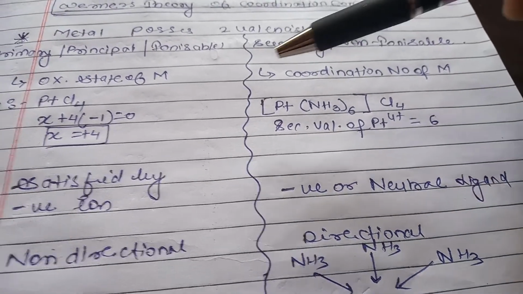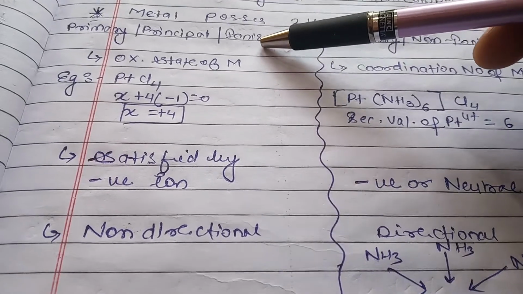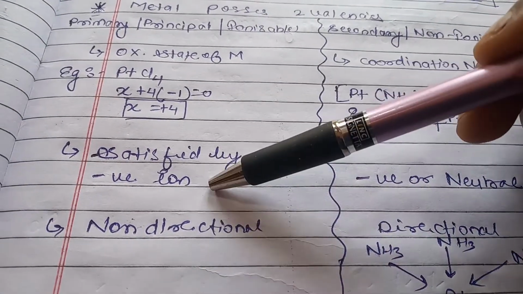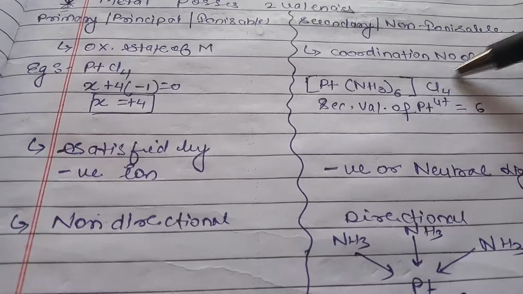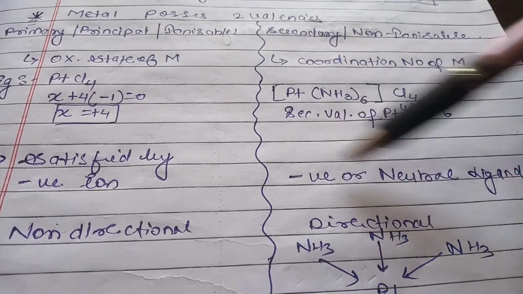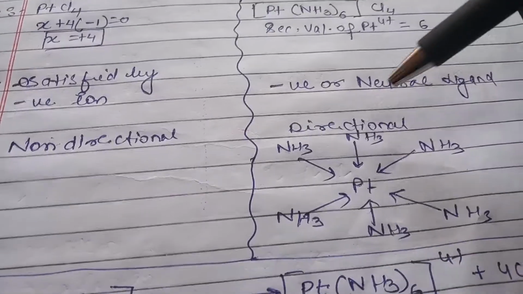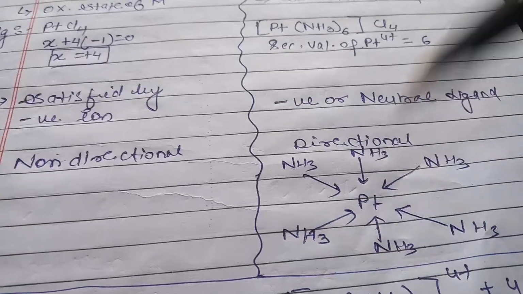Okay, now the second point: primary valency is always satisfied by the negative ion. Meanwhile, the secondary valency is satisfied either by the negative ion or the neutral ligand, which carries a lone pair and has a tendency to donate electrons to the metal.